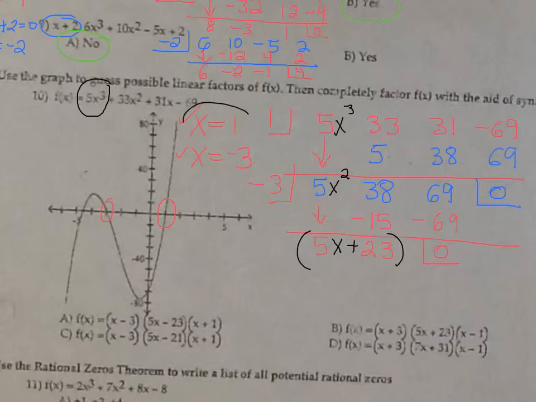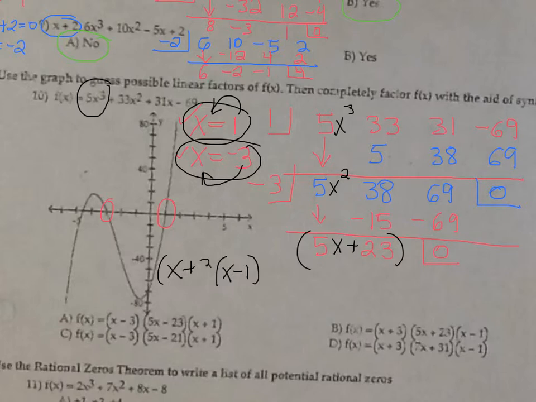So x equals 1 is the same thing as x minus 1, because you bring the 1 over to the left side. X equals -3, bring the -3 to the left side, and that is x plus 3. So those are the 3 factors, and you'll find that on B.